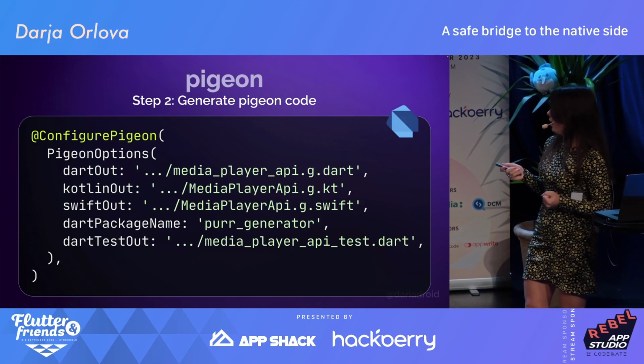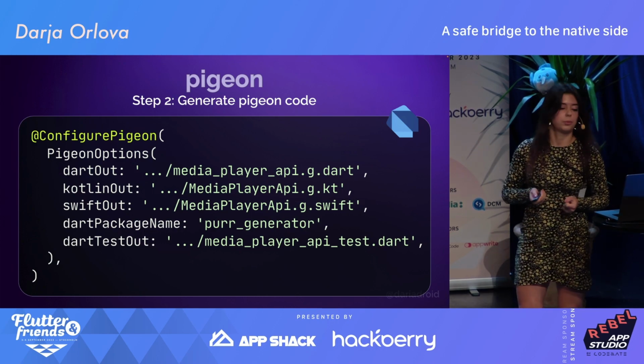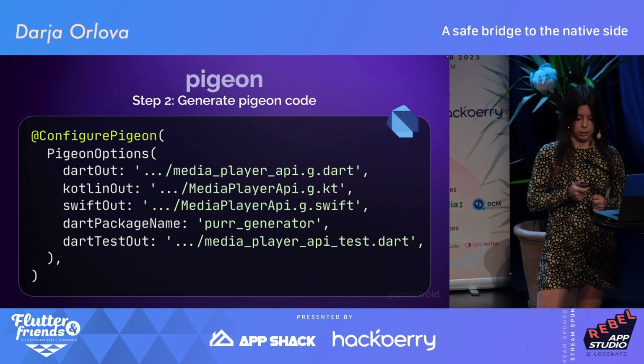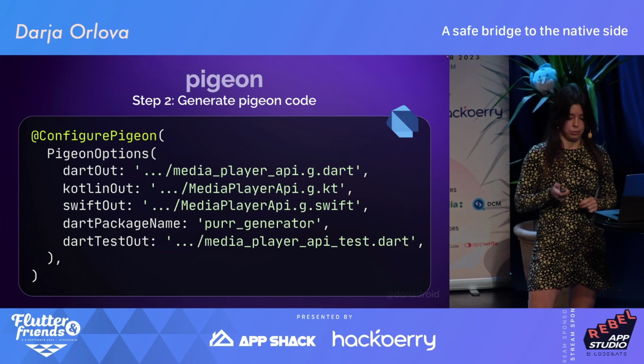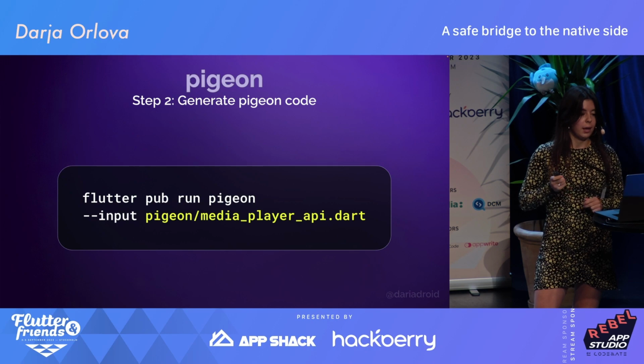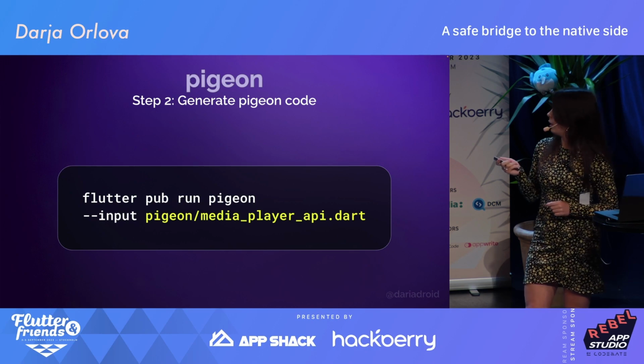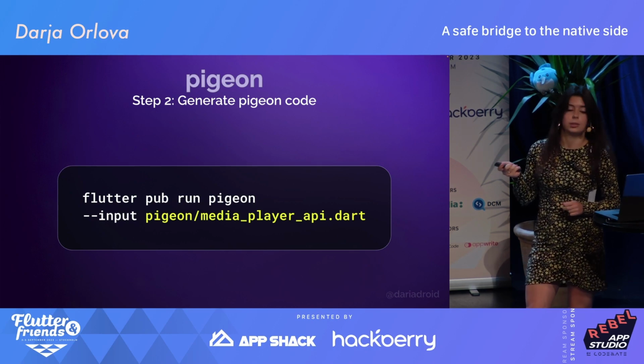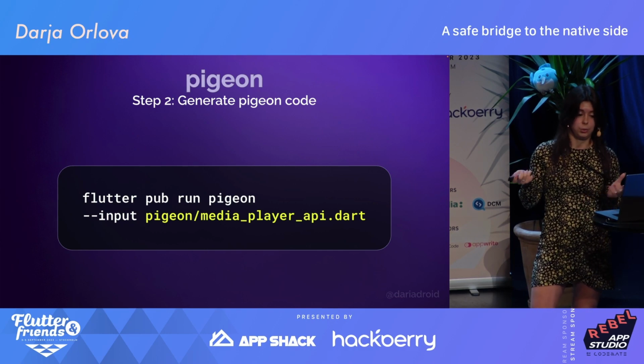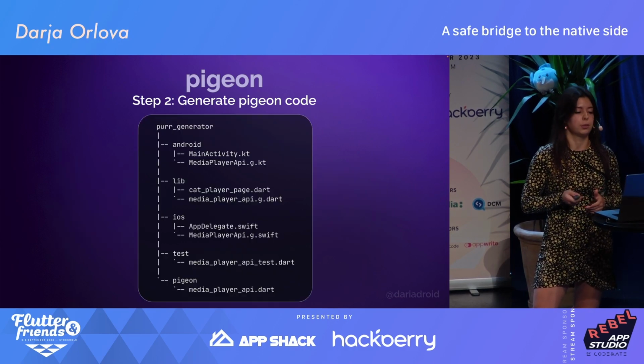These should be full paths. I omitted them for brevity, but these are the full paths where the code that we will be using will be generated to. Then we run the command, and we need to pass one argument, which is the file with the interface that we have just described.